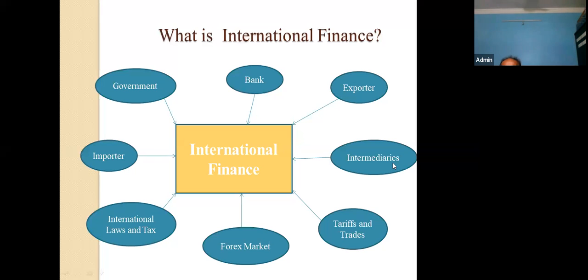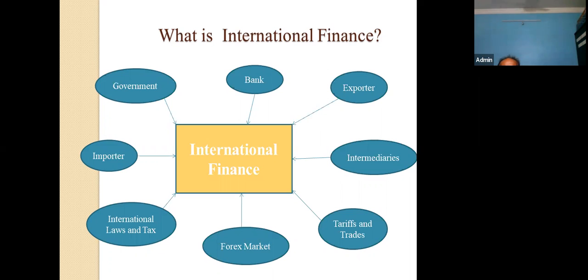There are also intermediaries. There are tariffs and trade bodies like GATT and WTO, the World Trade Organization. There is the forex market. International finance deals with international laws and taxes. If you are into cross-border business, then one has to study international laws and taxes, because just studying our domestic law will not be sufficient to have success in international business.